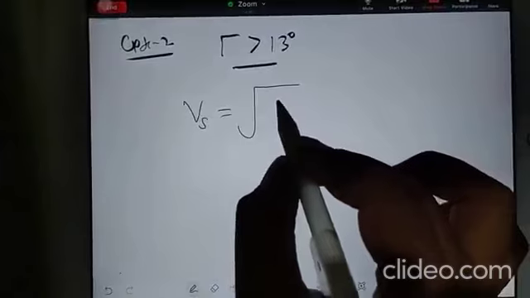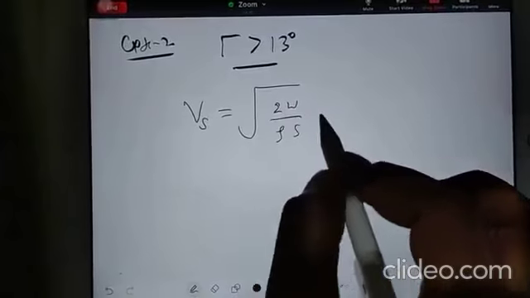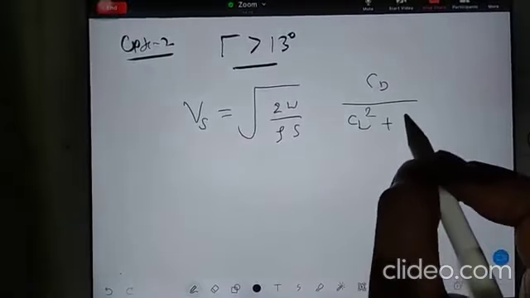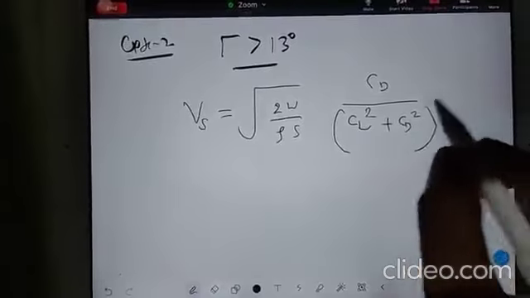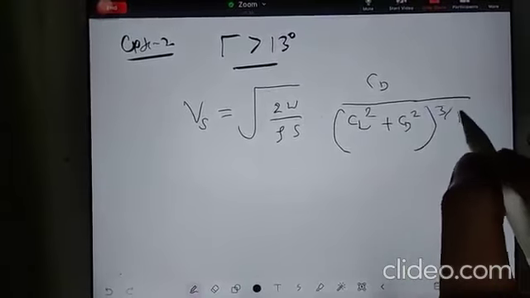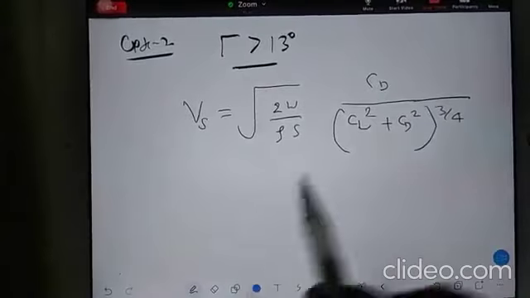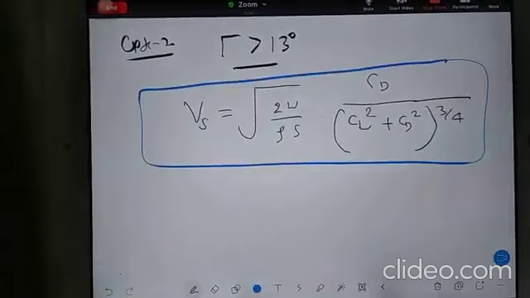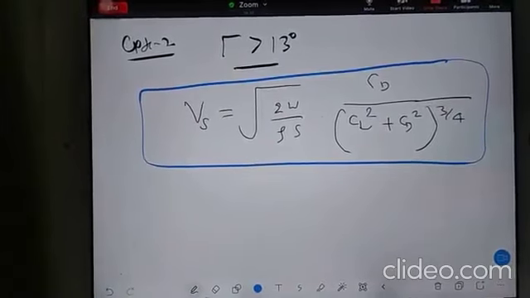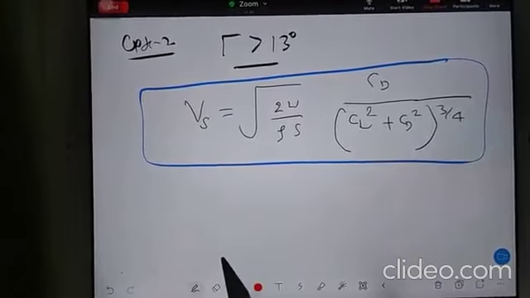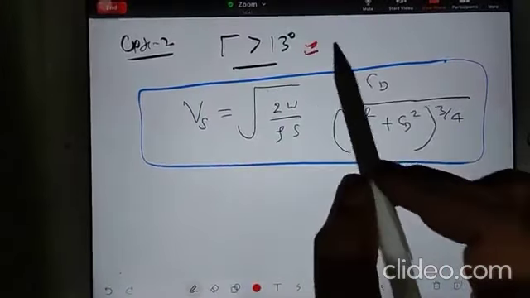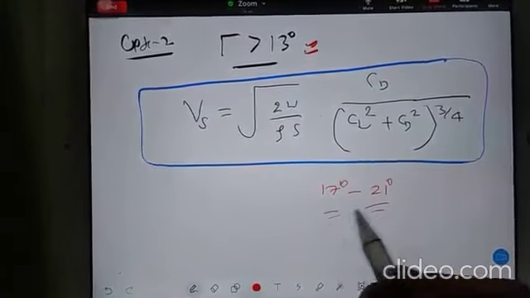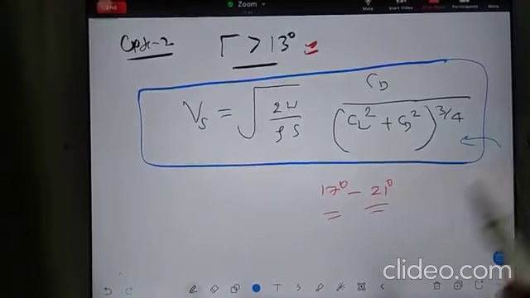That Vs value comes as 2W by rho s into CD by CL square plus CD square whole power 3 by 4. No need to have the proof, because even if you prove it, you have to mug up the last formula. So in the GATE exam, if they give a glide angle more than 13 degree, suppose 17 degree or 21 degree, you will use this formula.